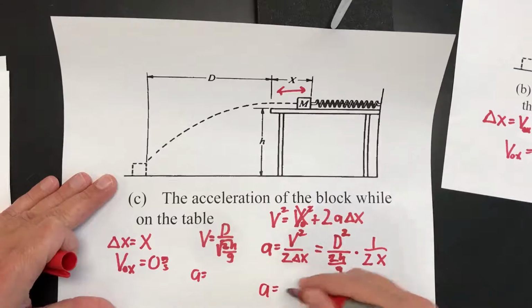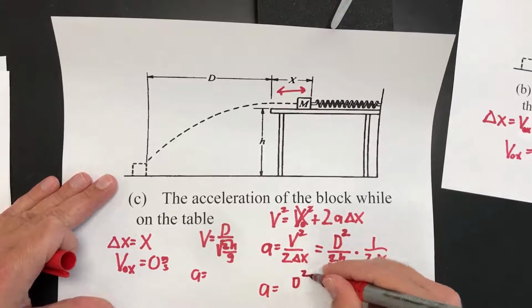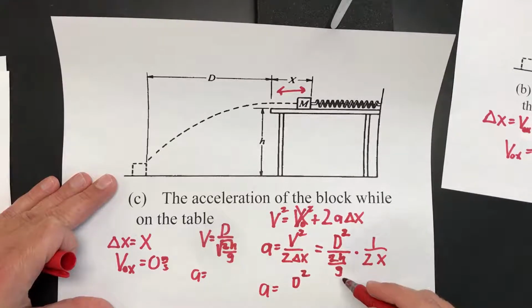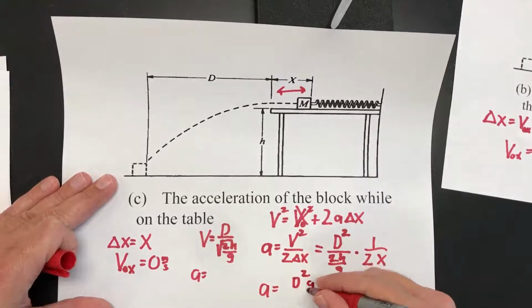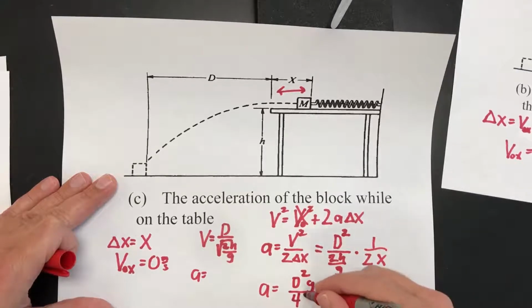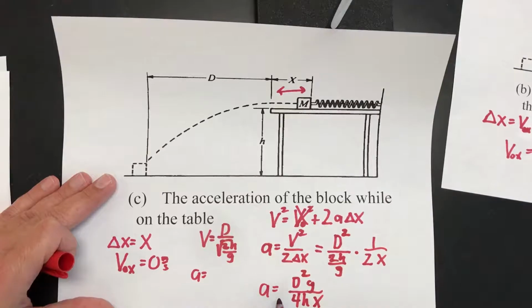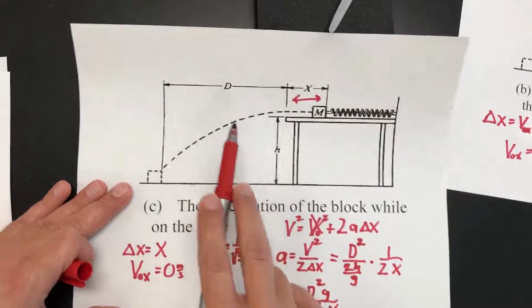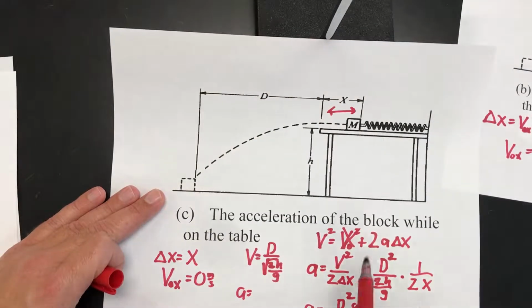If you do your algebra here, you will see that you wind up with d squared on the top. The g will actually come back up here to the top part of that. And then on the bottom, we'll get 2 times 2 is 4, and we'll have an h and an x. So the acceleration of the block on the table must be d squared times g divided by 4hx.